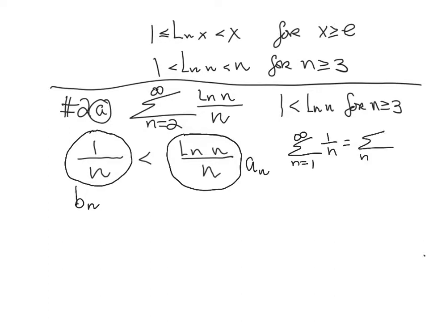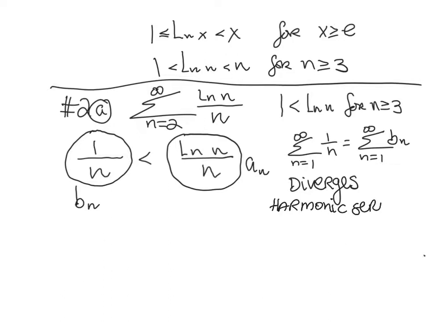And then the 1 over n series, the b sub n series, we know diverges. It is the harmonic series, or you can use the integral test. So here we have the b sub n series, which is 1 over n, and it diverges.